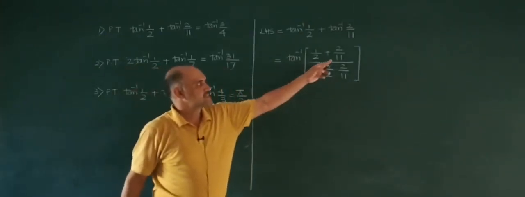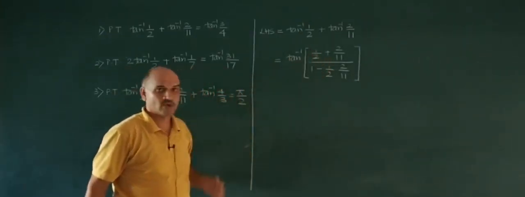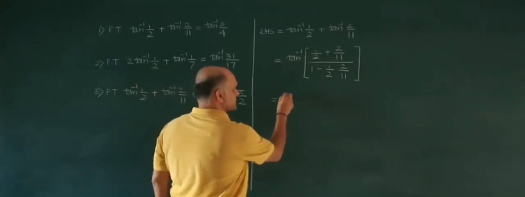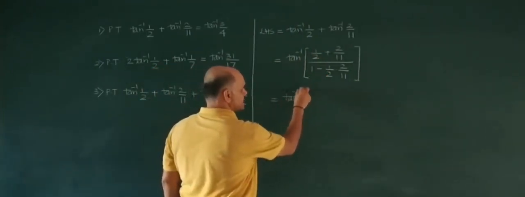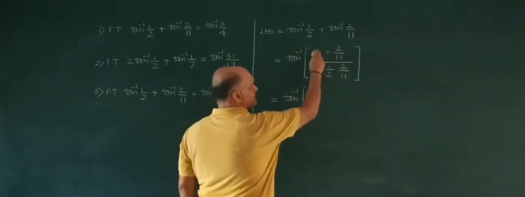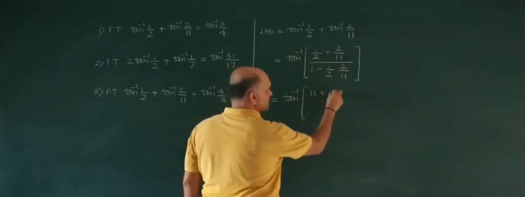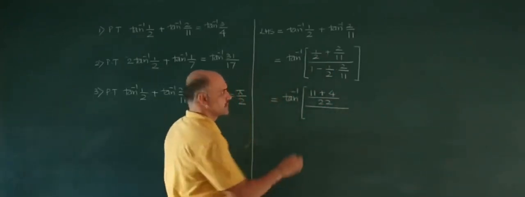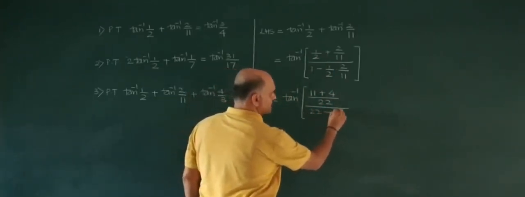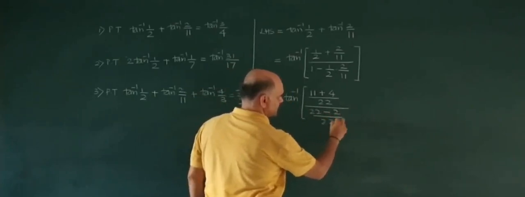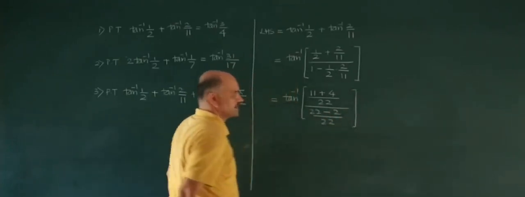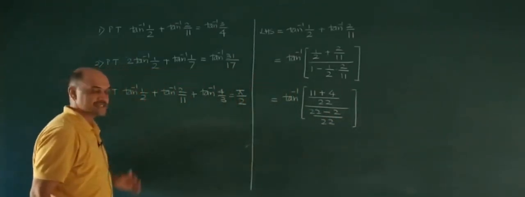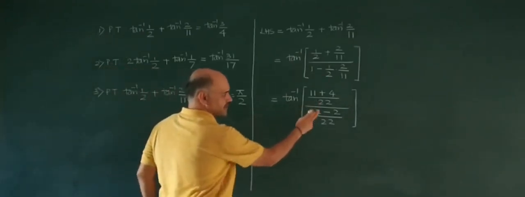Now take LCM in the numerator and denominator. So this is equal to tan inverse of 11 plus 4 divided by 22, whole divided by 22 minus 2 divided by 22. If you see, 22 gets cancelled in numerator and denominator.